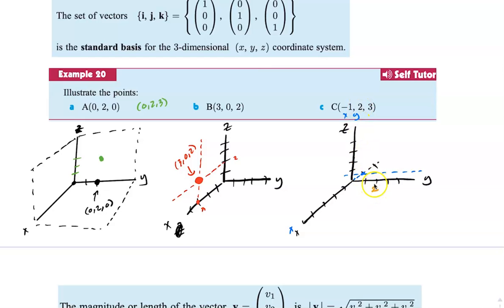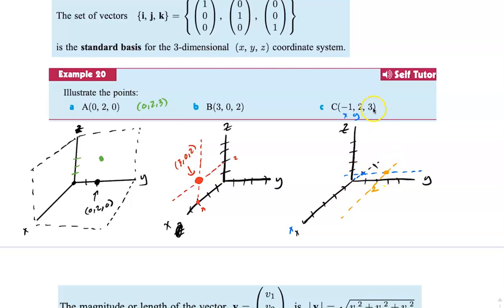But again, it has to be parallel to the x. I'm dealing with x and y. So I'm going to draw this line parallel to my x. So it's like this. Give or take, right? Something like that. So if I just did -1, 2, I'll be right here. Right? So I went -1 on my x, and then I went over 2 on my y. Again, from that spot. Another way to do it, just think about parallel lines.